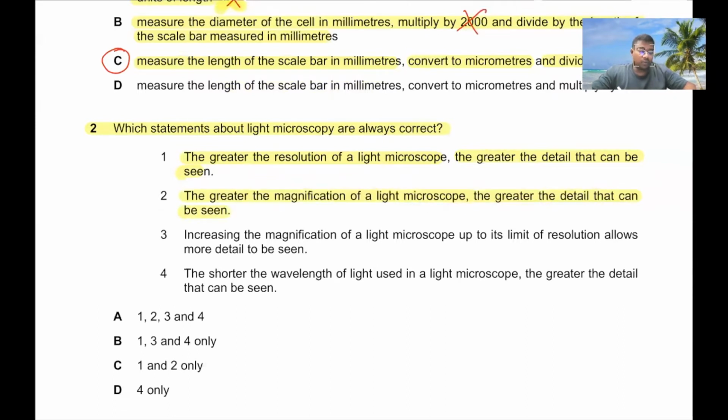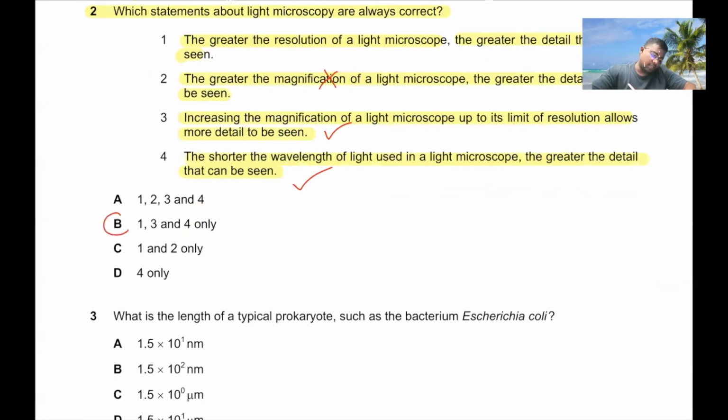Well, we can increase the magnification as much as we want, but we won't see much detail because there won't be resolution. Increasing the magnification of a light microscope up to its limit of resolution allows more detail to be seen. Yes. The shorter the wavelength of light used in a light microscope, the greater the detail that can be seen. Correct. So 1, 3, and 4 is the correct answer.